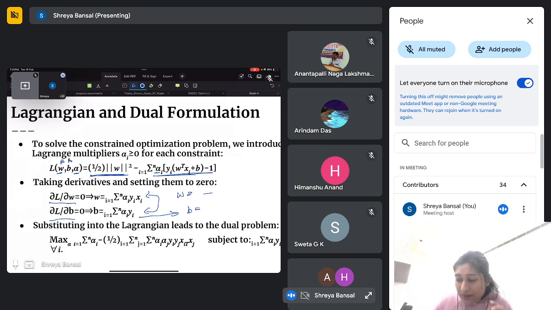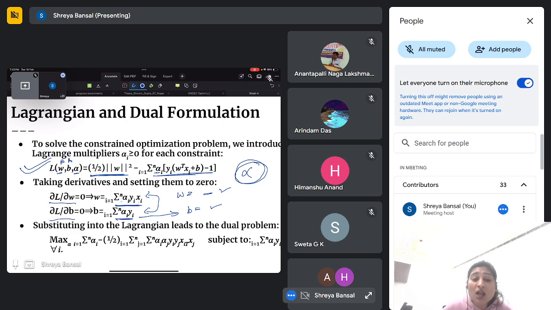But as you see, here I get the value of W and the value of B. What are the terms in W? Alpha, y and x_i. Y and x_i you will know, but what about alpha? You don't know the value of alpha. So this equation is not enough to calculate W and beta because it requires the value of alpha.